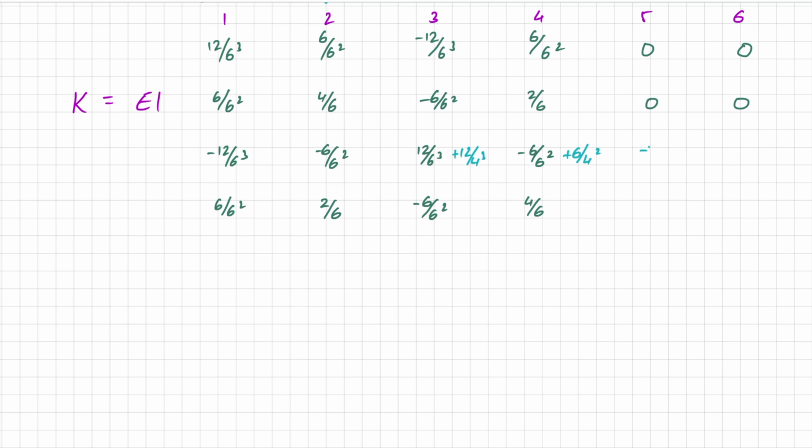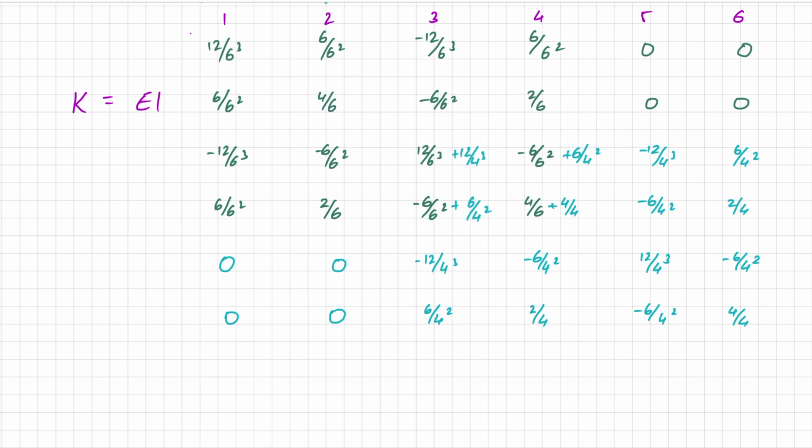Here I've got minus 12 over 4 cubed, and here I've got 6 over 4 squared, and just continuing in exactly the same way. And that's it. This is the full stiffness matrix. Obviously, we can calculate what everything is. I'm just adding the degrees of freedom because this will continue to come in handy as we continue.